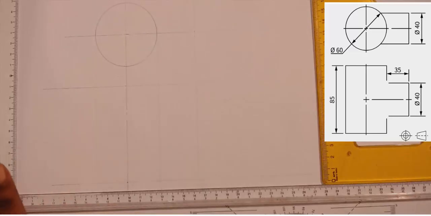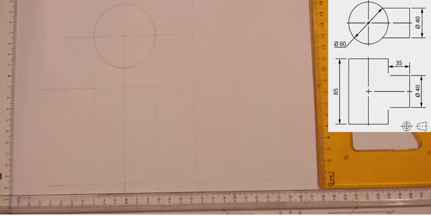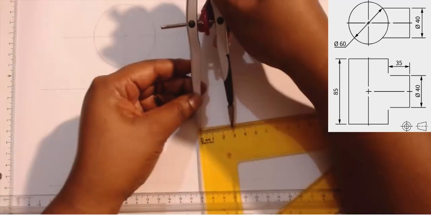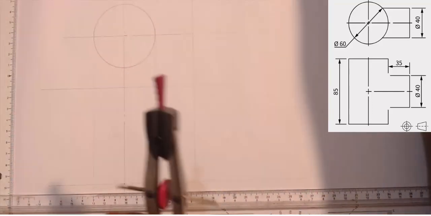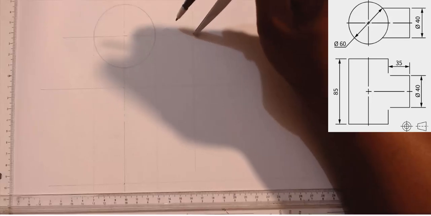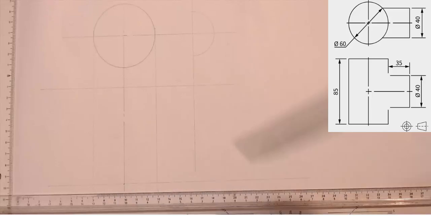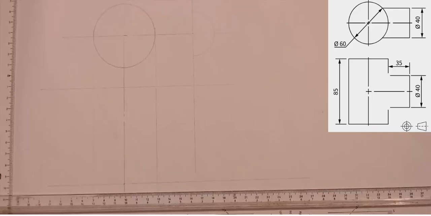Now the cylinder right there, it is a diameter of 40, so we're going to look for a radius of 20. Radius of 20 right there. So what I do here, I also need to do here. If they did not give us anything, that means we need to find the center right here.